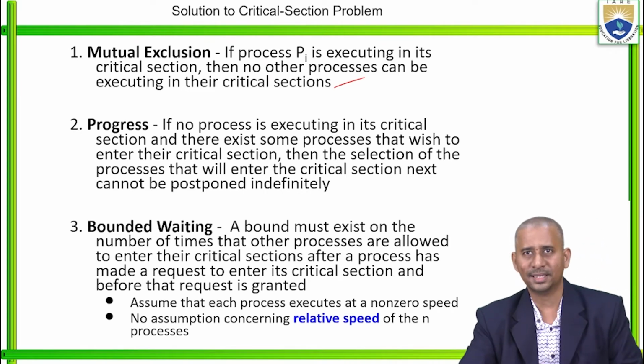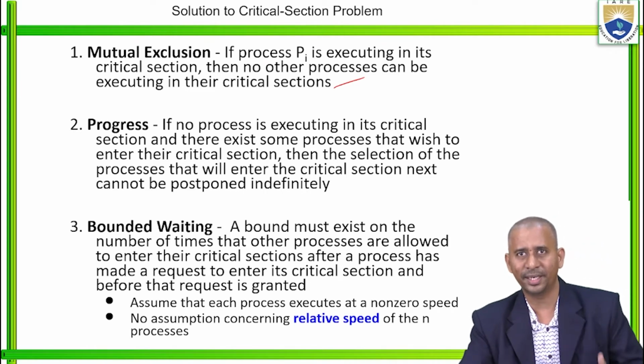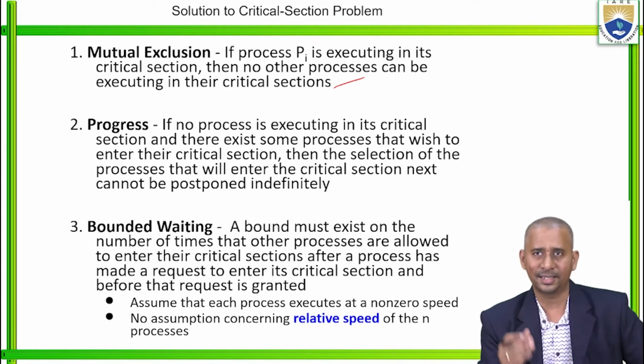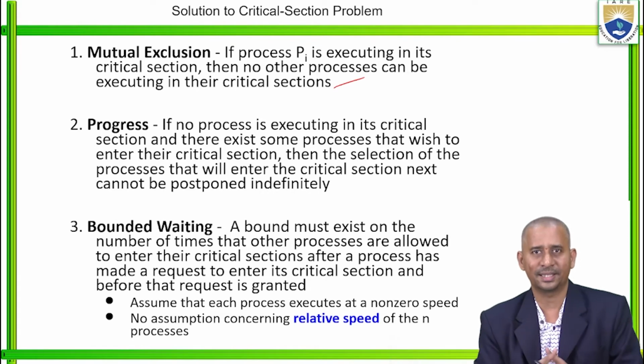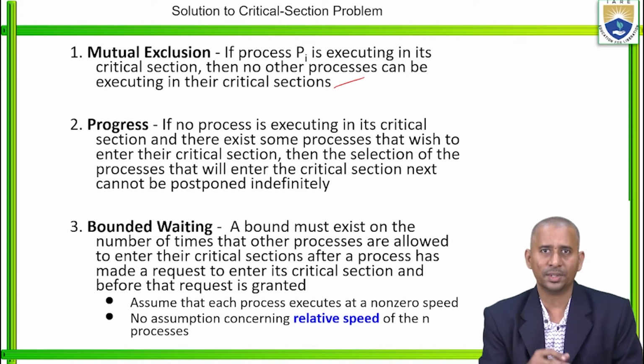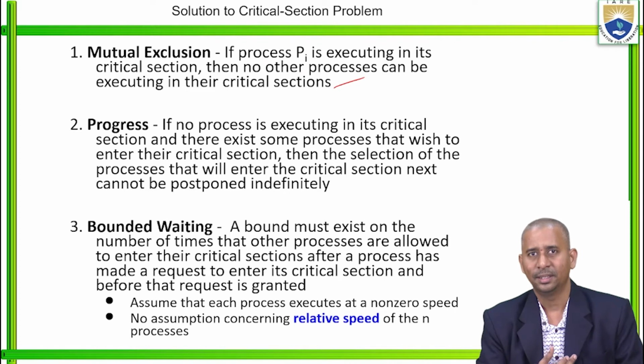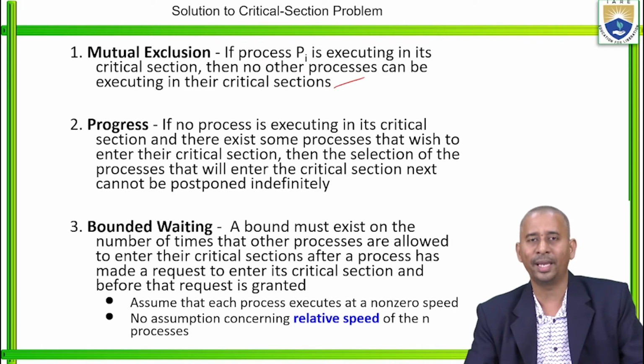Second, progress. If no process is executing in its critical section and there exist some processes which are ready to enter their critical section, then the selection of the process that will enter the critical section next cannot be postponed indefinitely.